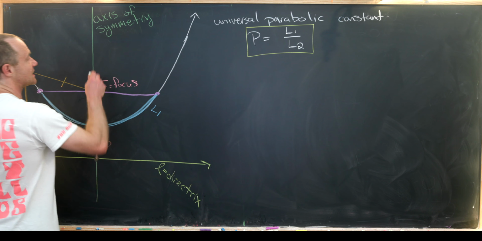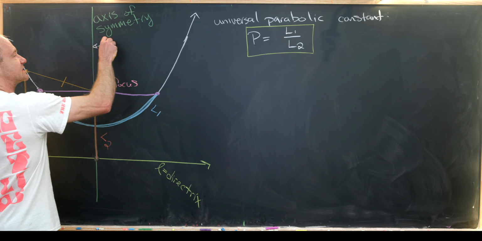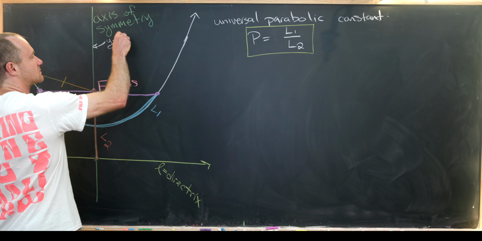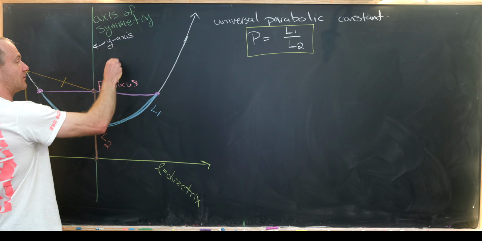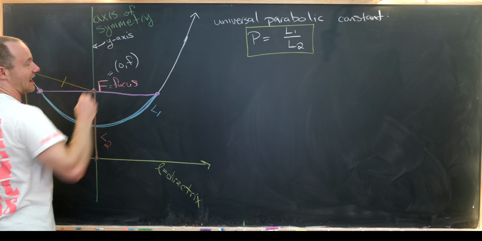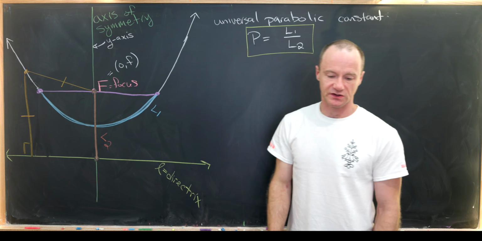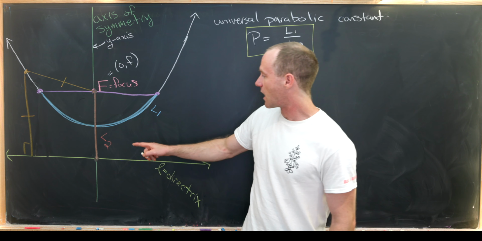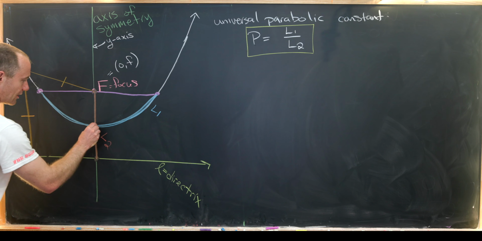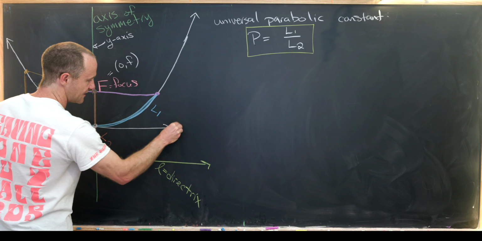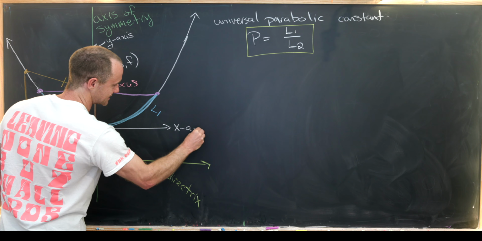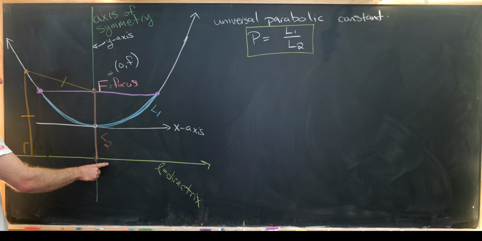So I'll set this up so my axis of symmetry is the y-axis. And then I'll say my focus lies at the point (0, f). Okay, so that's good. Then I'll also put the origin down here. So that means this will be my x-axis, but that gives me an equation for my directrix.